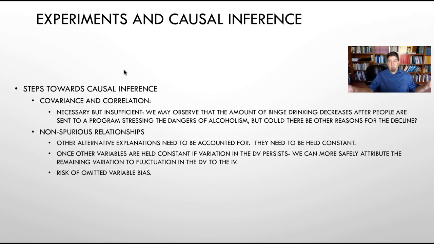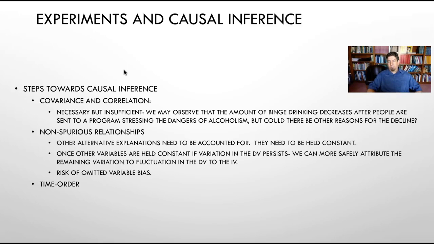So that risk exists in many forms of study. Experiments are pretty good at reducing the omitted variable bias by generally controlling for those common elements between different social groups.